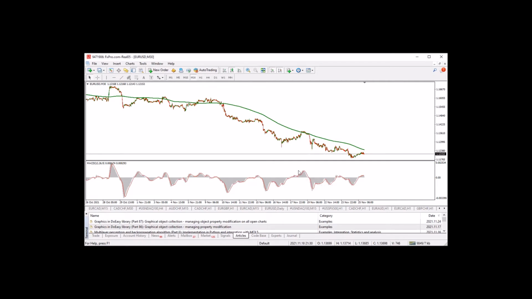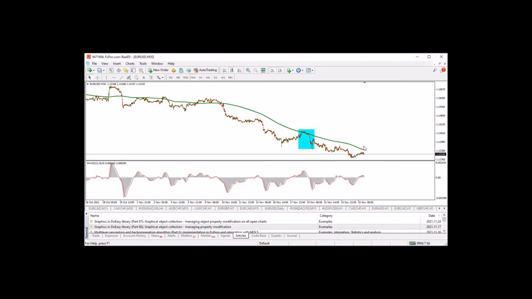This one is a good point, a great place to enter. For example, if you see here, it touched here. Once it touches and then it's here, you see this MACD, you basically are going to sell, and it should go right down to here and you're out.